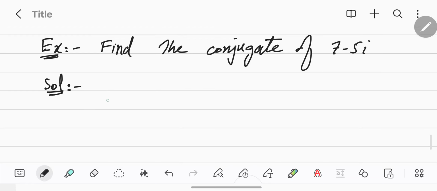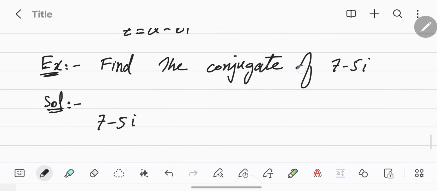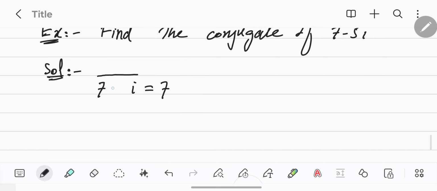I will write its conjugate with a bar. When we apply this conjugate to the number, the real part remains the same, but the imaginary part is flipped.